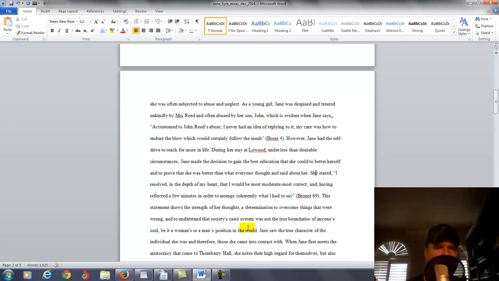And said about her, she stated, I resolved in the depth of my heart that I would be most moderate, most correct, and having reflected a few minutes in order to arrange coherently what I had to say. This statement shows the strength of her thoughts, a determination to overcome things that were wrong, and understand that society's caste system was not the true boundaries of anyone's soul.